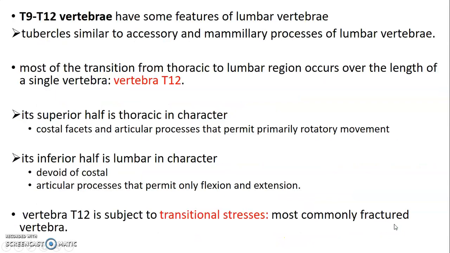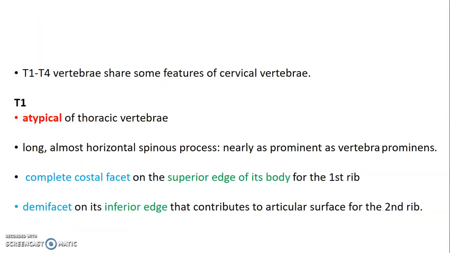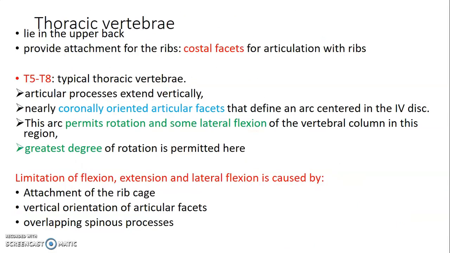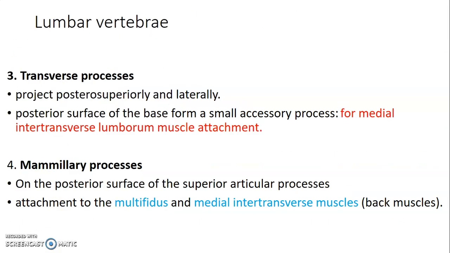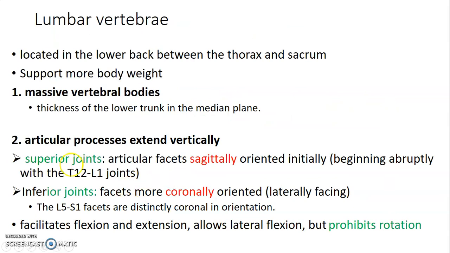But in thoracic region, the articular facets were coronally oriented. So they were permitting more rotation, but less flexion and extension. When you get to the lumbar region, the superior facets are sagittally oriented, while the inferior are coronally oriented.